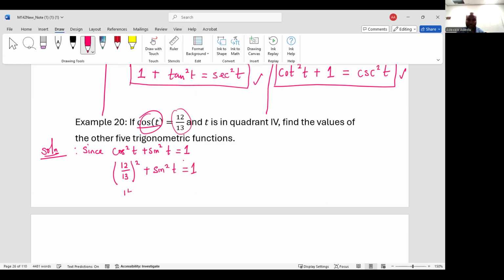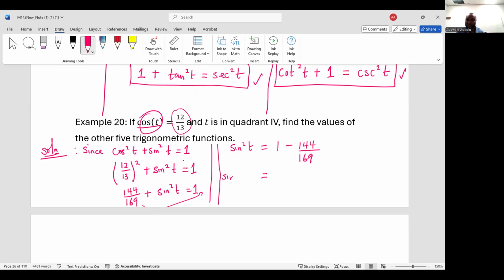Now I can get 144 divided by 169, by squaring 12 and 13, plus sine squared t equals to 1. I can transfer this guy to the other side. Sine squared t equals to 1 minus 144 over 169.